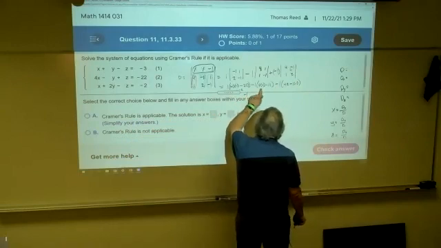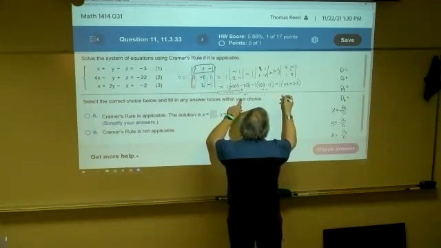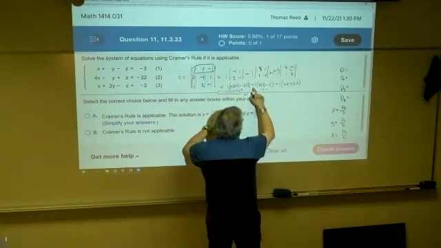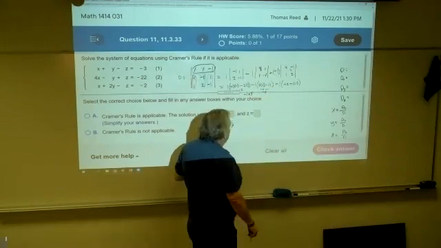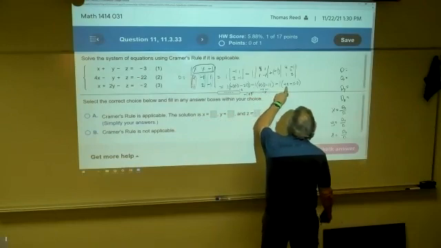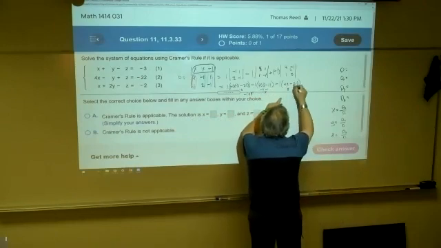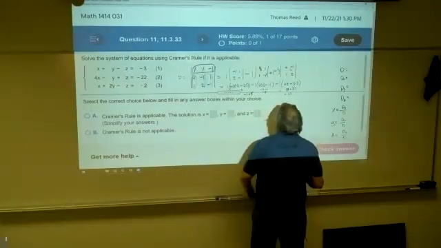And then 4 times a negative 1 is negative 4, minus 1 gives me a negative 5, and negative 1 times negative 5 is a positive 5, so that becomes plus 5. And then 4 times 2 is 8. Negative 1 times negative 1 is a positive 1, and so this becomes 8 plus 2, which is 10, and I've still got that minus sign.